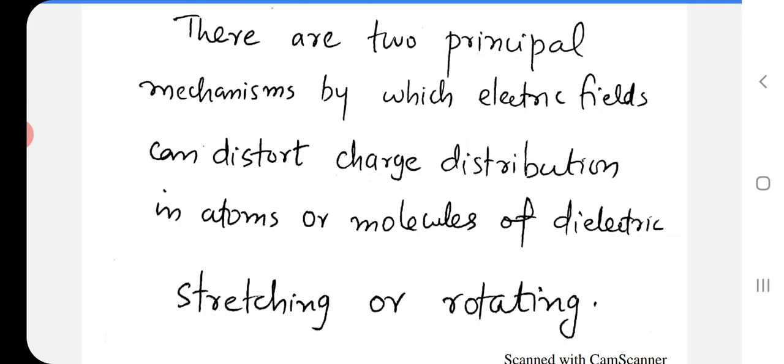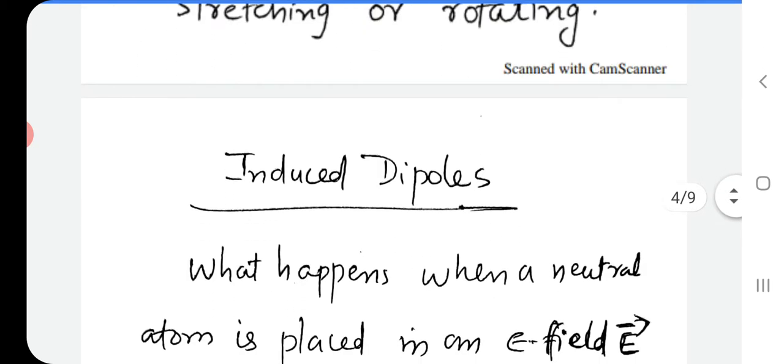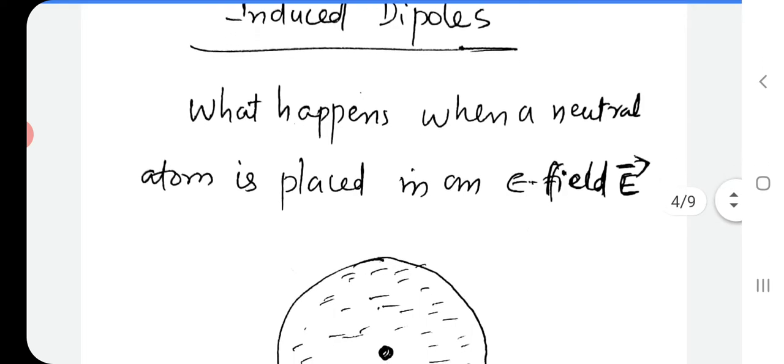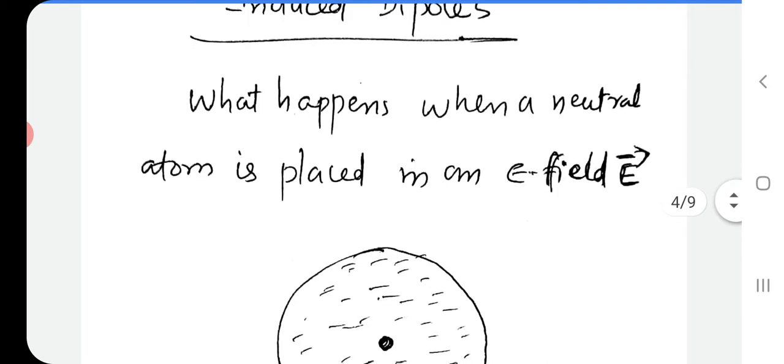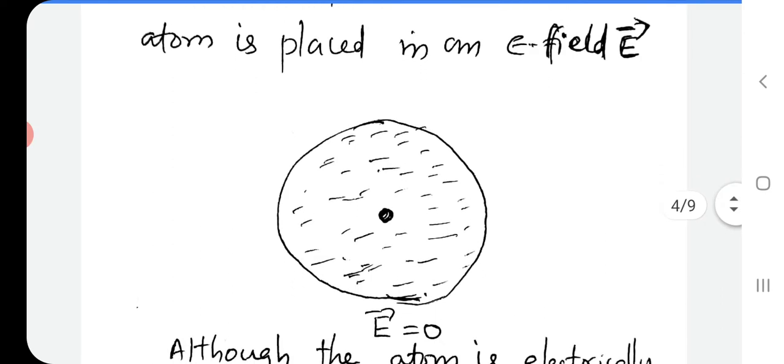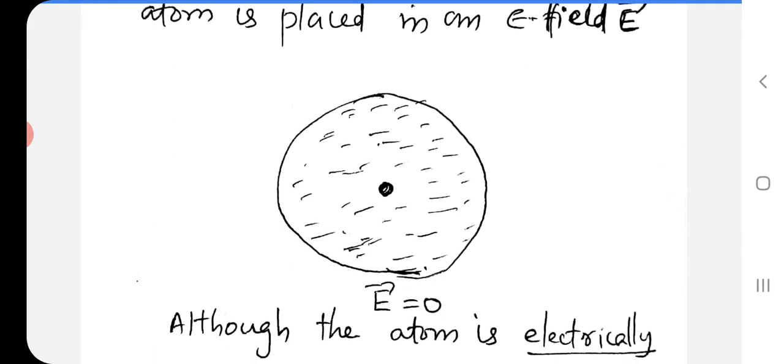So we see the inducing of dipoles or dipole moments in an atom when it is placed in an electric field. Let's look at what happens when a neutral atom is placed in an electric field. What we have shown here is an atom.